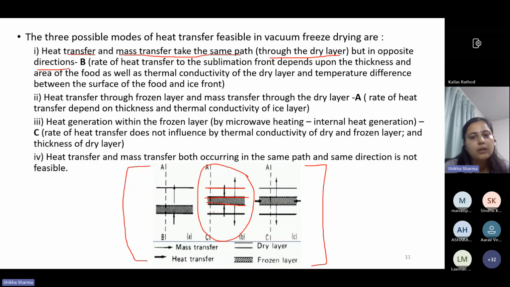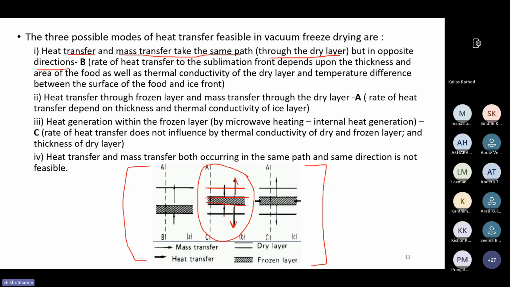So what is happening in this part, if we see, this is the mass transfer and this is mass transfer. Okay, and heat transfer is this arrow.